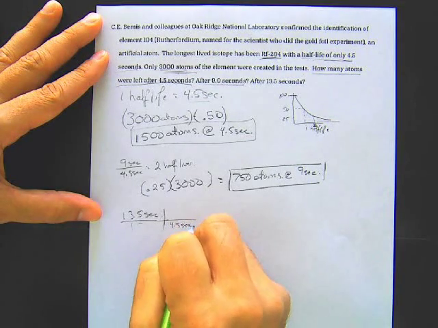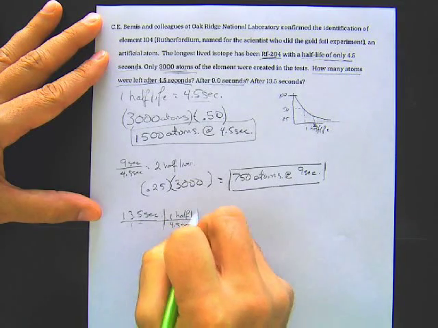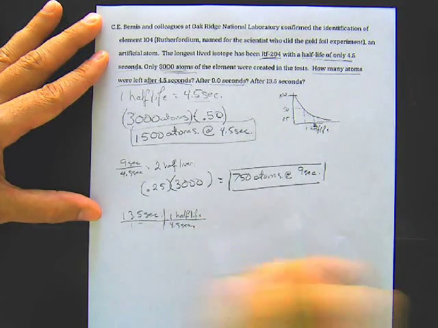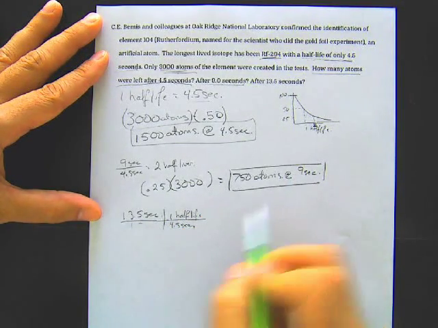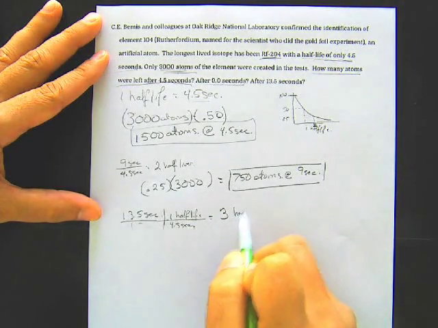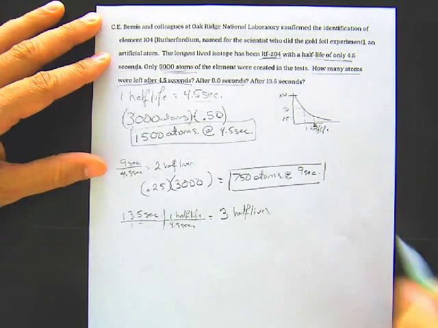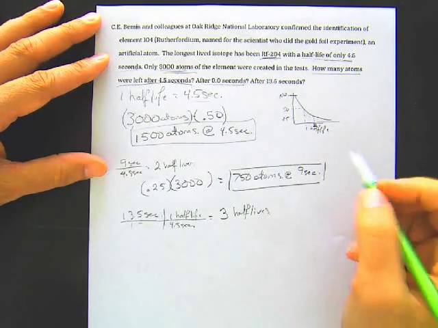So we're just dividing by 4.5 again. And what's that going to be? Come on, you guys know. 3 half-lives. So 3 half-lives have passed.